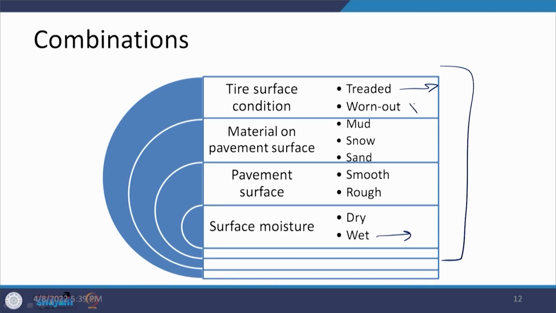But if you talk about the worn out condition along with the wet, then this is going to create a hazardous situation. Likewise, we can always make these types of examples where they are either increasing or reducing the friction on the surface, and therefore, this is going to be one big problem, and we have to look at that.